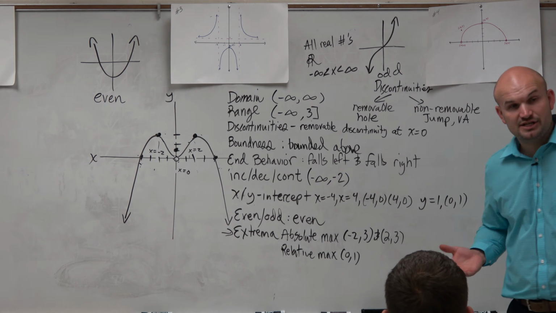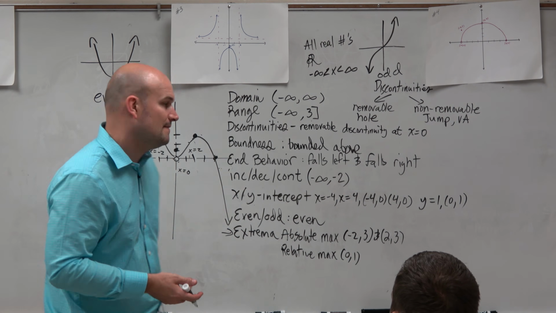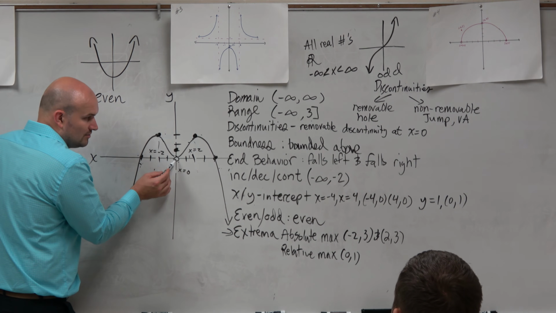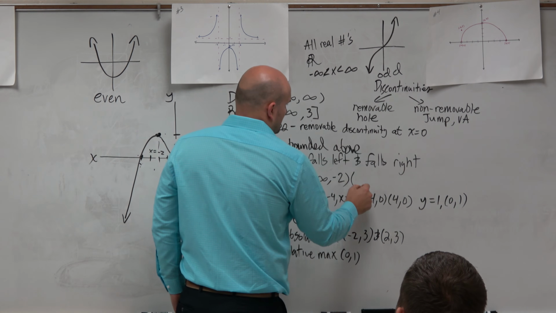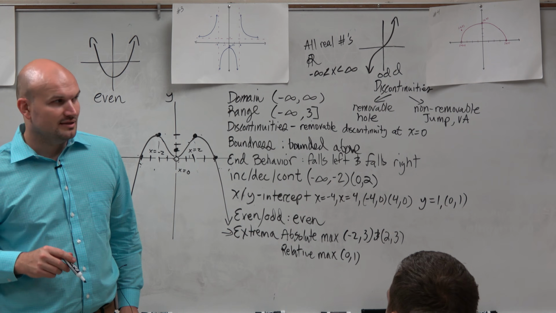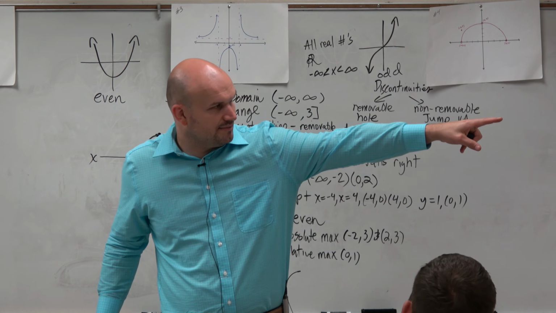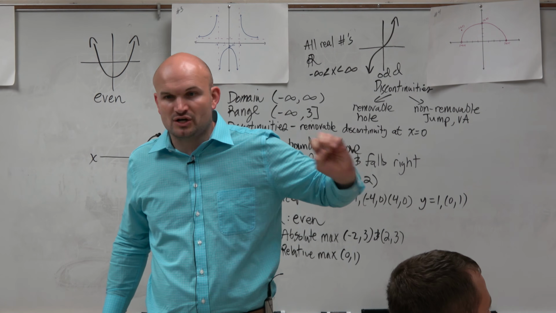Does the graph increase on any other interval? Is it going up or down on another interval? Yeah, from 0 to 2. Now, what I want you to understand is that these are not coordinate points. If you look at my definition on the board, it says when is the graph going up, down, or constant.